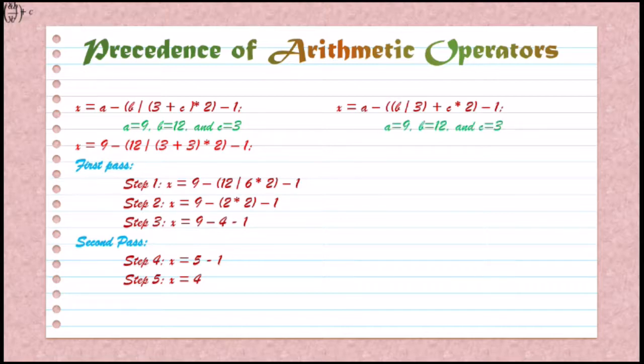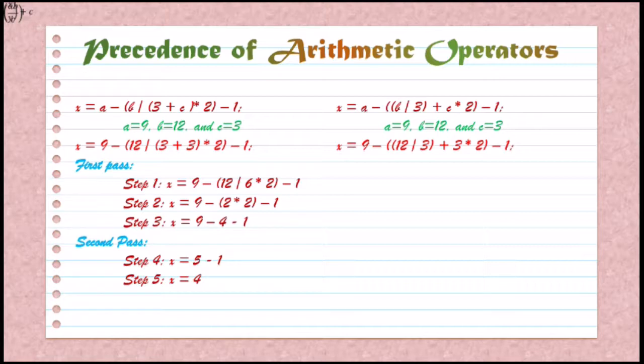And the values are A equal to 9, B equal to 12, and C equal to 3. Just replace the values. So 9 minus double bracket opens, then 12 divided by 3, close the inner bracket, then plus 3 into 2, then close the outer bracket, and then minus 1.